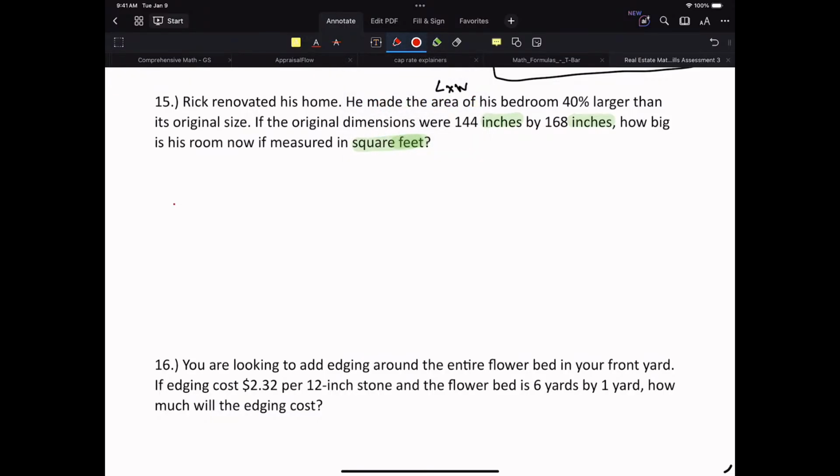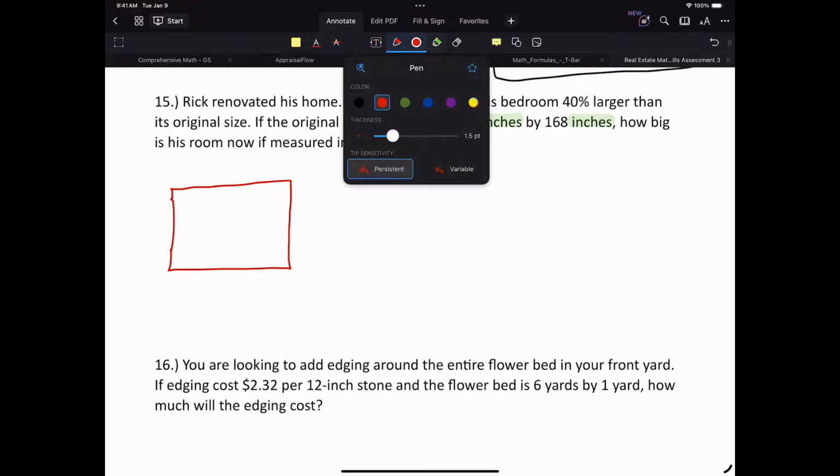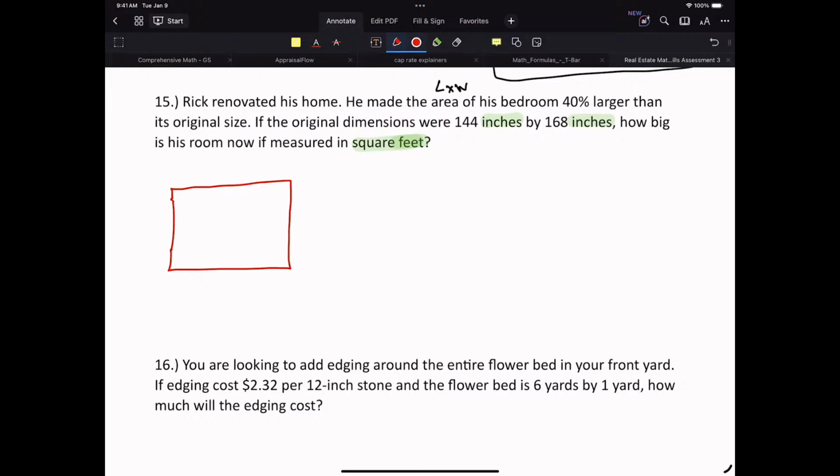So we got this bedroom. Doesn't have to be to scale. And then what he did is he added on to the bedroom. He said, I want to add 40% more. Whatever this originally was, I have 40% more.